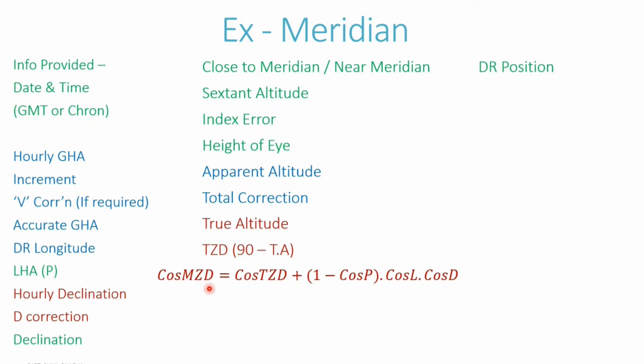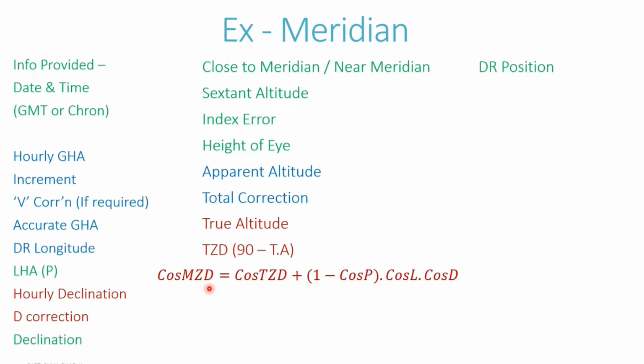Now Mer Pass is an instant. So if you miss that instant, then the meridian passage sight is not possible. It happens only once in a day for the sun at the noon time. So if you miss that instant, the Mer Pass sight cannot be obtained.